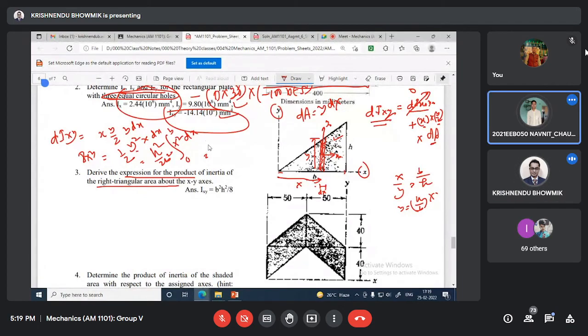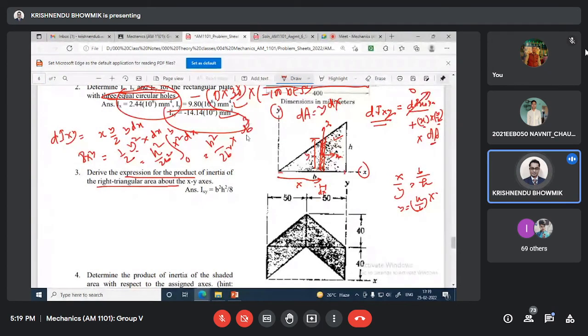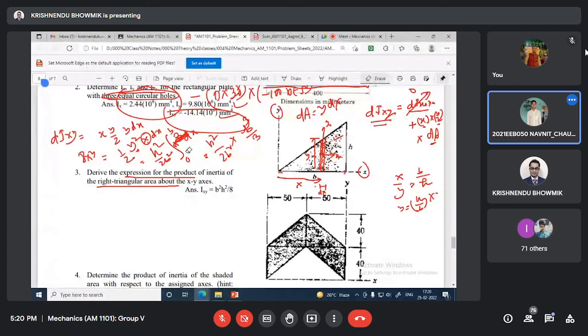So h square by 2b square, b power 4 by 4. Here something I missed once. Wait. Yes, here one I missed. It was x square by y square, became x square. This x I missed. This was x cube. Okay. Yes, sir. One minute.